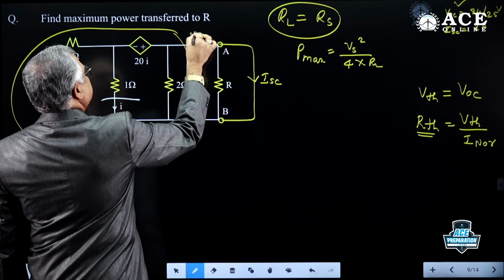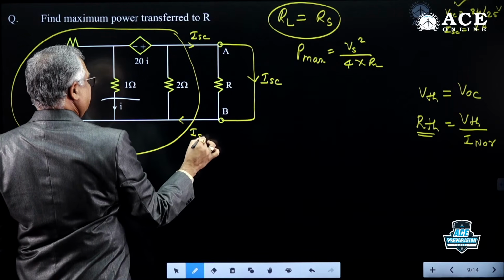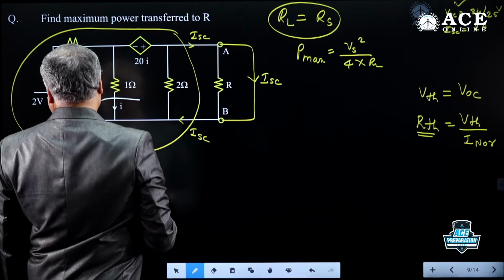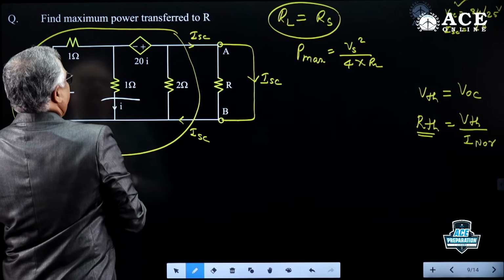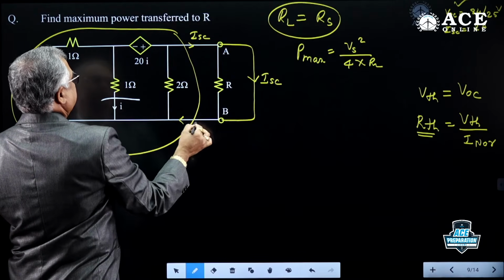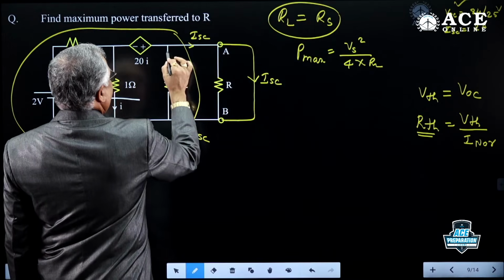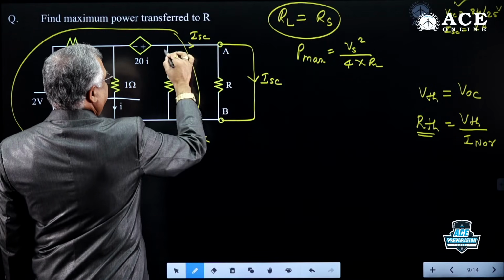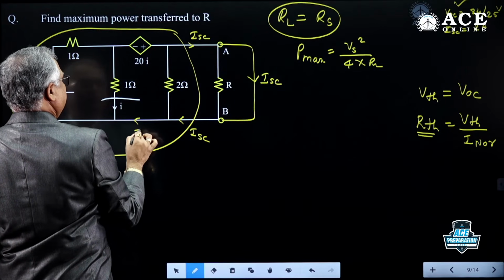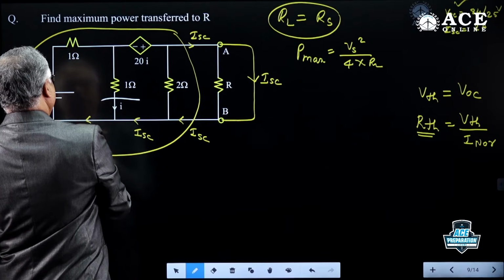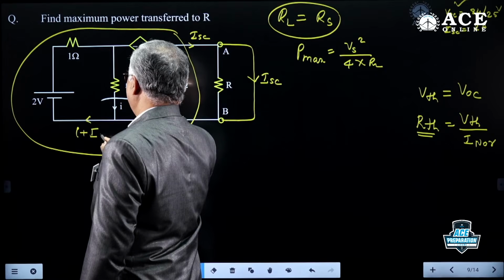So this current is ISC and this current is ISC. Here the current I is entering. This is ISC. Here also 0, this is shorted, so the current here is also 0. This is ISC. Here it is I plus ISC.